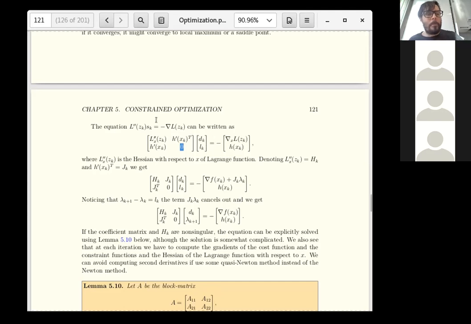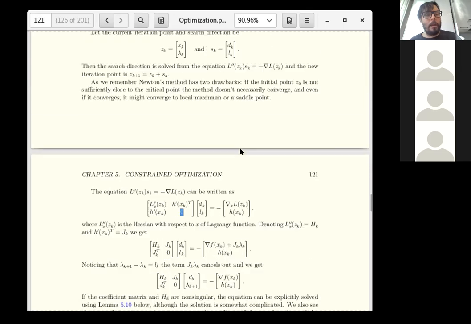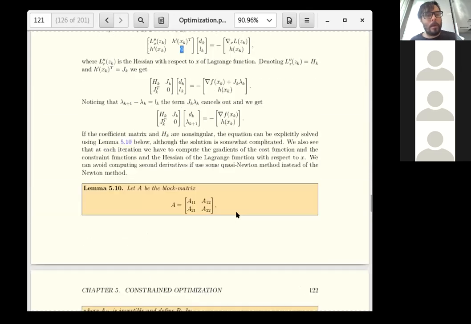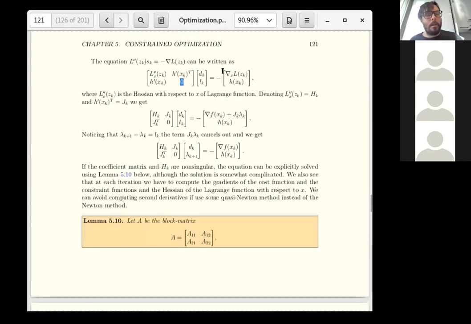And then rewriting this in terms of the Lagrange function and this Newton method step, we get this equation which gives us the solution to this step. So in essence, we can often solve this explicitly.